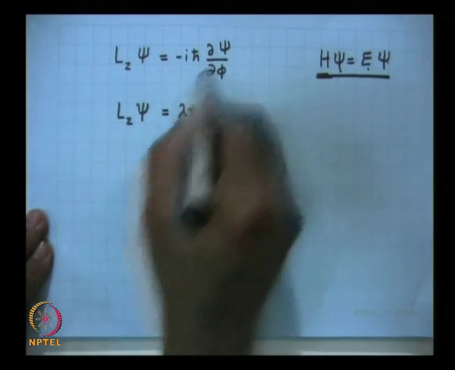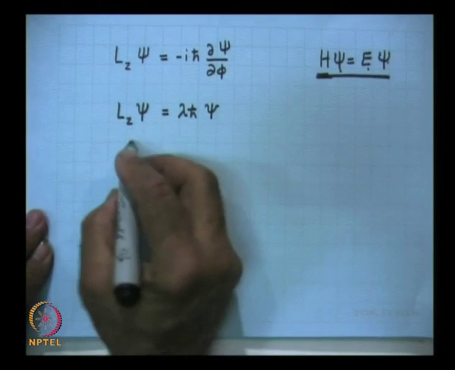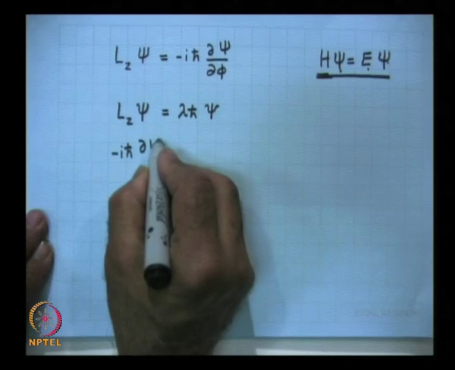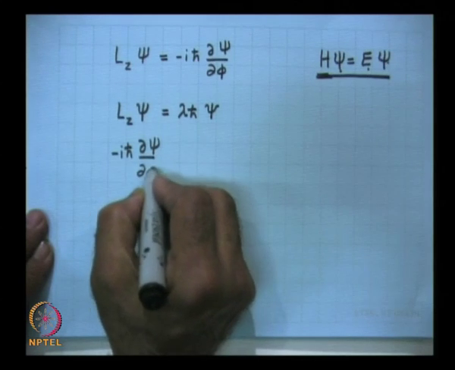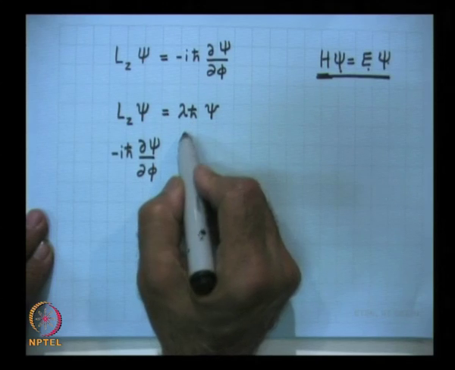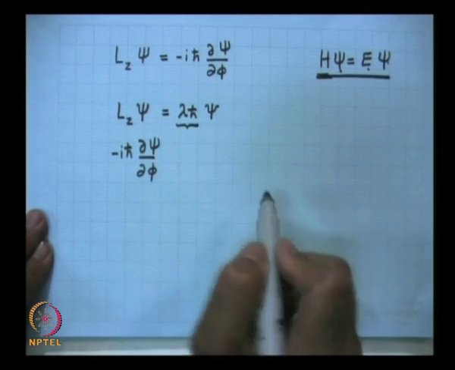So, lambda h cross psi, Lz psi is equal to minus i h cross, where h cross is just a constant, delta psi by delta phi. The eigenvalue of the operator Lz I have represented by lambda h cross.